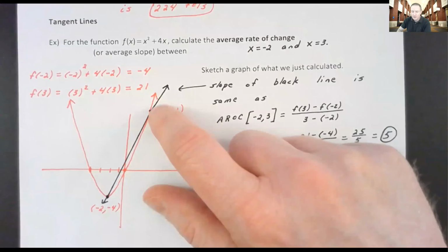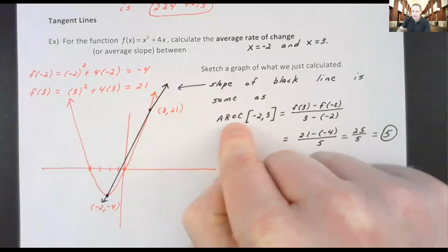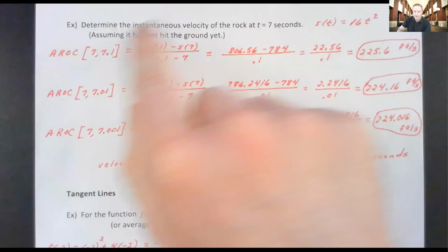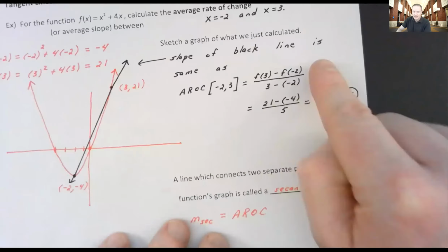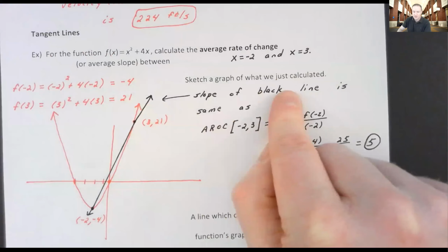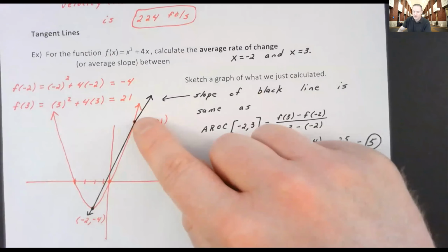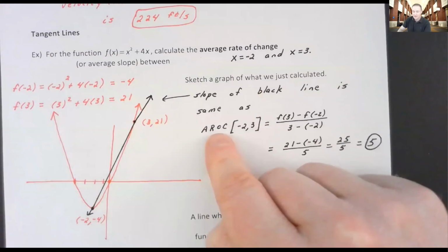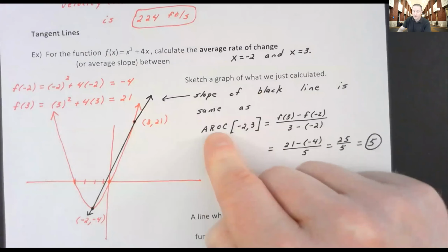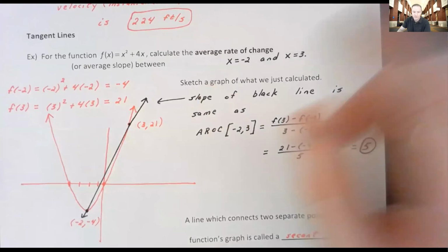Now, the reason I wanted to draw the graph here is because of the same thing we've been doing above with these average rates of change. If I said I just want you to find the average rate of change of that function, well, the slope of the line connecting these 2 points on the curve would be the average rate of change. Remember, slope is just the change in y over the change in x.